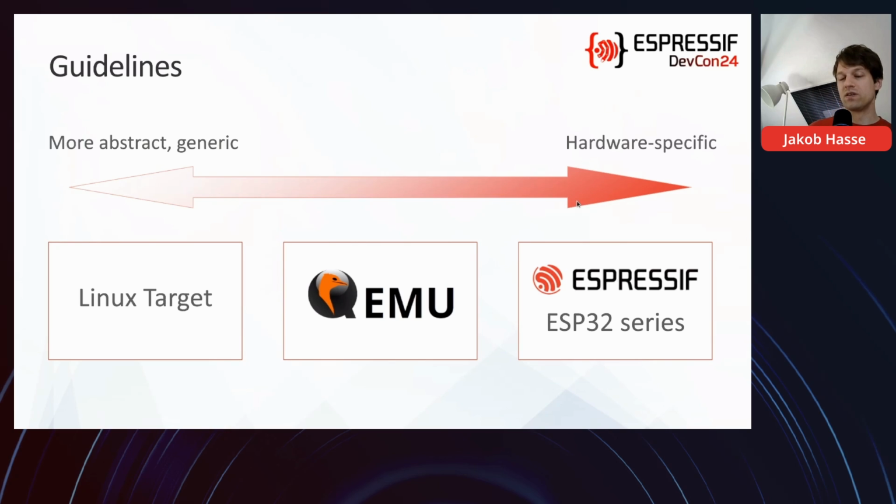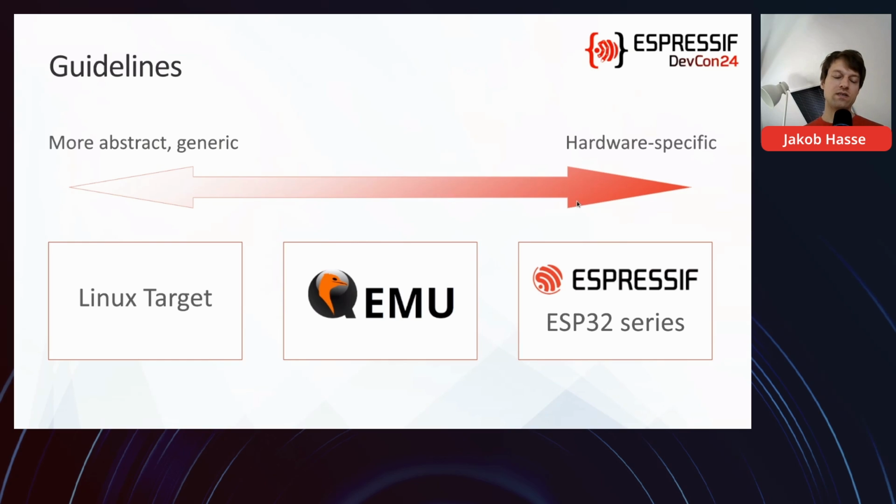If you have code that is more hardware-specific and maybe needs specific hardware APIs already, then this is probably a good candidate for QEMU, again, as a rule of thumb. And there are certainly cases where you have some very hardware-specific code, maybe depending on timing, that you can only meaningfully run on ESP32 series chips. So there's no way around that.